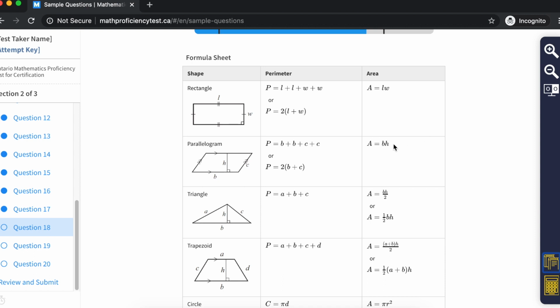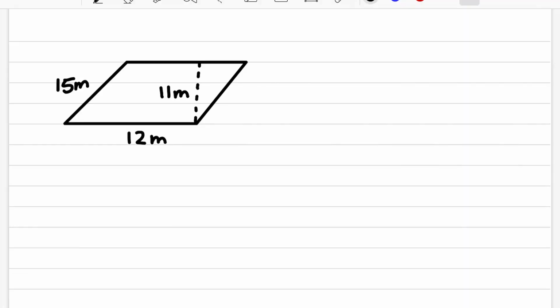So it tells us here that the area of a parallelogram is base times height, where the base is this bottom length and the height is on a right angle from the top to bottom, not the angled side. So in our diagram, we have the base is 12 and the height is 11.